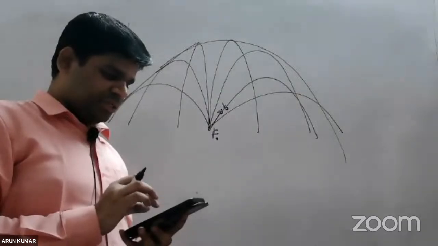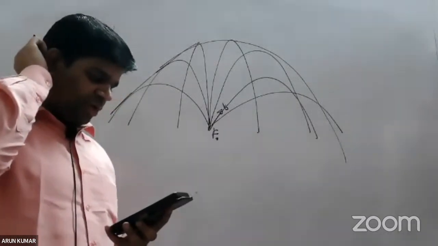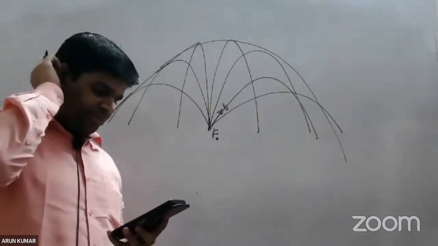A stone is projected from a horizontal plane, it attains maximum height h and strikes a stationary smooth wall and falls on the ground vertically below the maximum height.